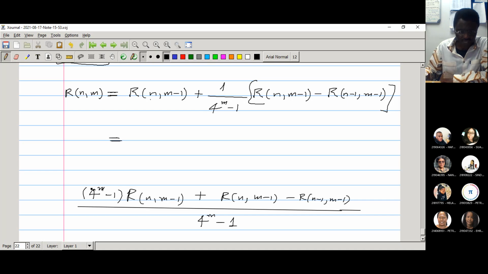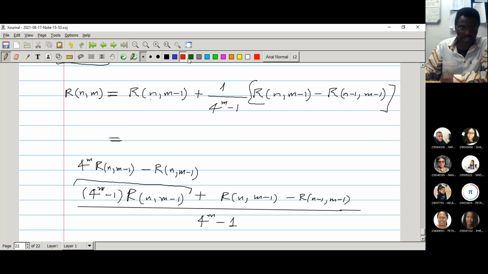So if I expand this, because you see, you agree with me that this one is 4 to the m R n, m minus 1, and then minus R n minus 1, m minus 1.